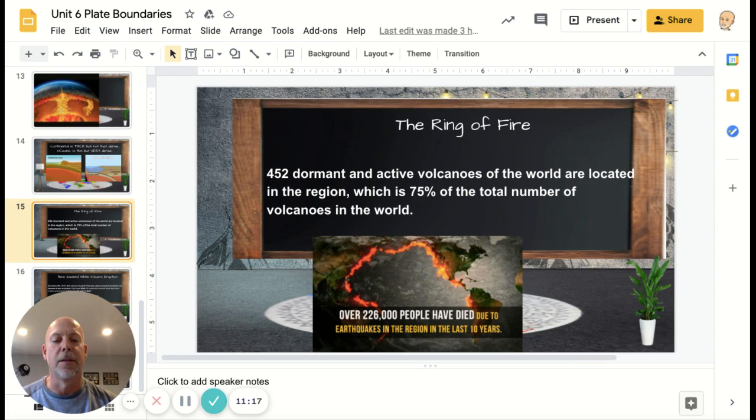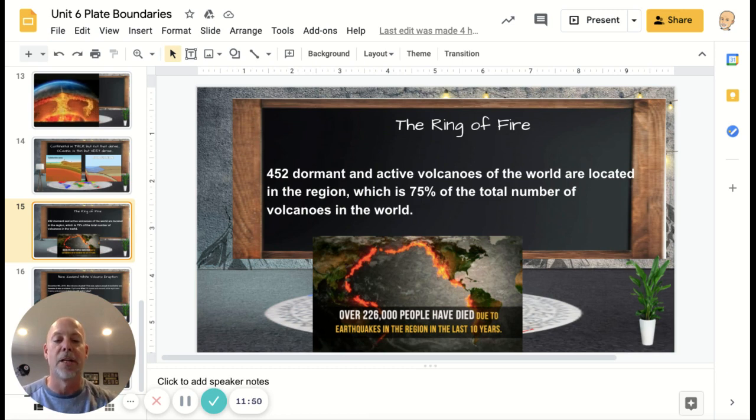The Ring of Fire. There are 452 dormant and active volcanoes of the world located in a region which is 75% of the total number of volcanoes in the world. They're all located in this one area they call the Ring of Fire. You can see the map below. It's the western coast of South America, Central America, North America, goes up along Alaska, and then comes down the eastern coast of Asia and all the way down through the Philippines and Australia.